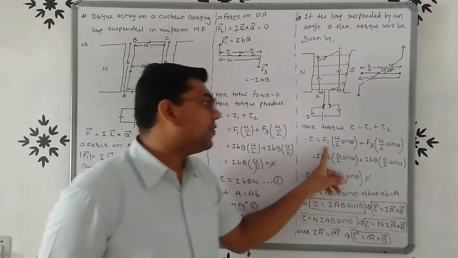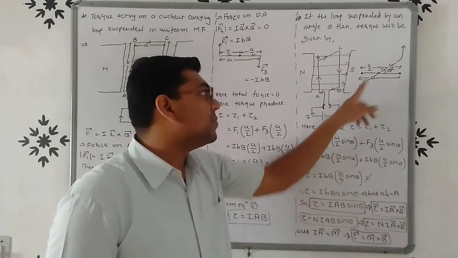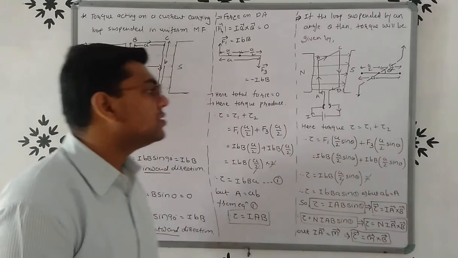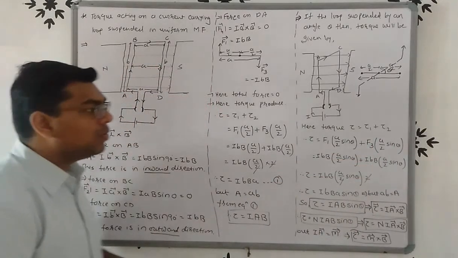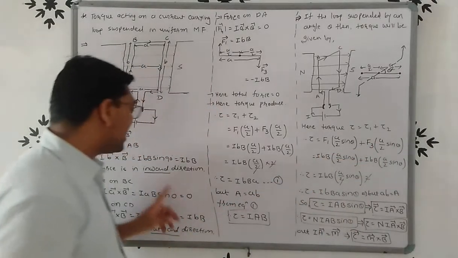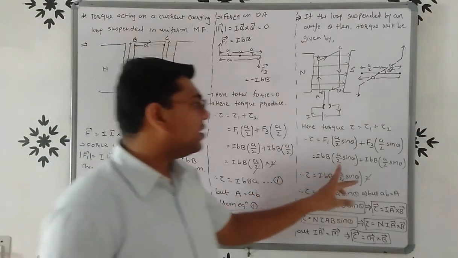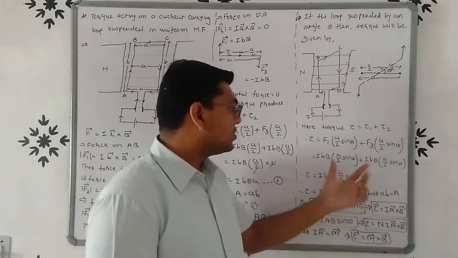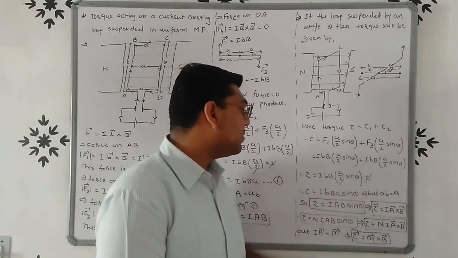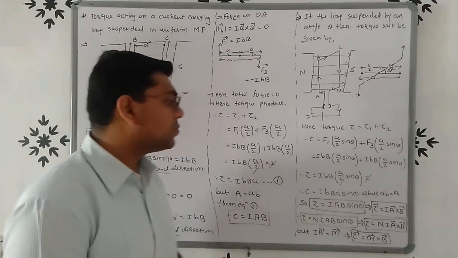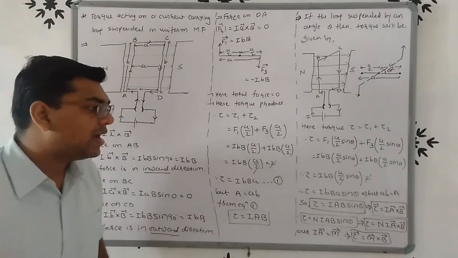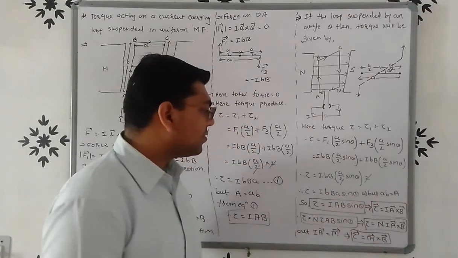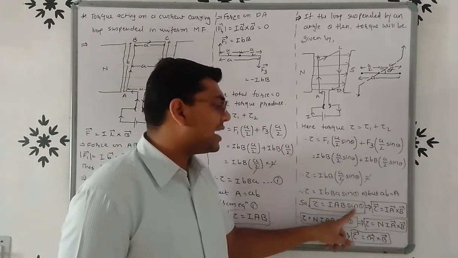Tau 1 is F1 into perpendicular distance a by 2 sin theta. Tau 2 is due to force F3 into a by 2 sin theta. Now F1 is I b B into a by 2 sin theta plus F3, I b B into a by 2 sin theta. So the 2 cancel. So tau is equal to I b B a sin theta. But small a into small b is area A. So tau is equal to I A B sin theta.